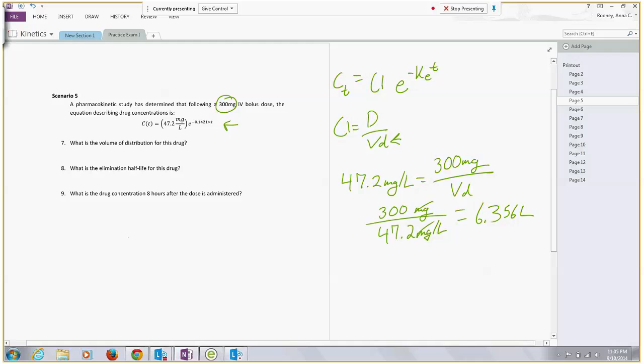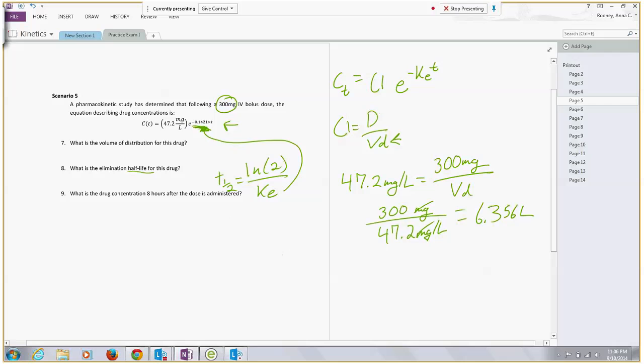Yay! All right, what is the half-life for this drug? Well, we happen to have Ke right there, so this is really simple. We love simple. T 1/2 is equal to ln of 2 over Ke. That's the equation we're going to use. Ke is this thing right there next to the little t.